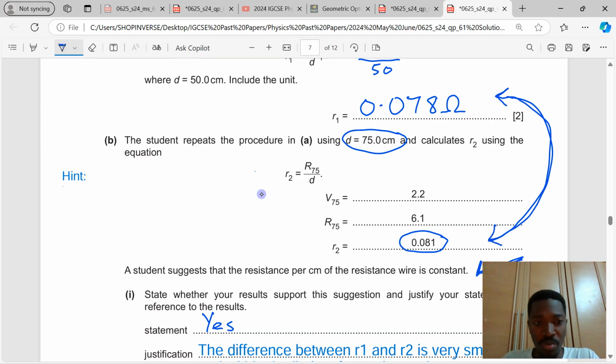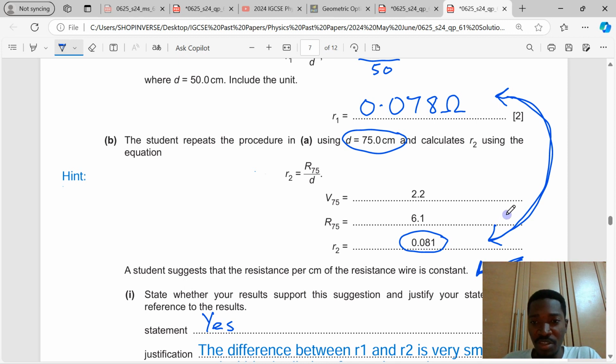There is a hint though. What is that hint? If the difference between these two numbers is less than 5% of the biggest number, then you can say fine, these two numbers can be considered equal within the limits of experimental error.